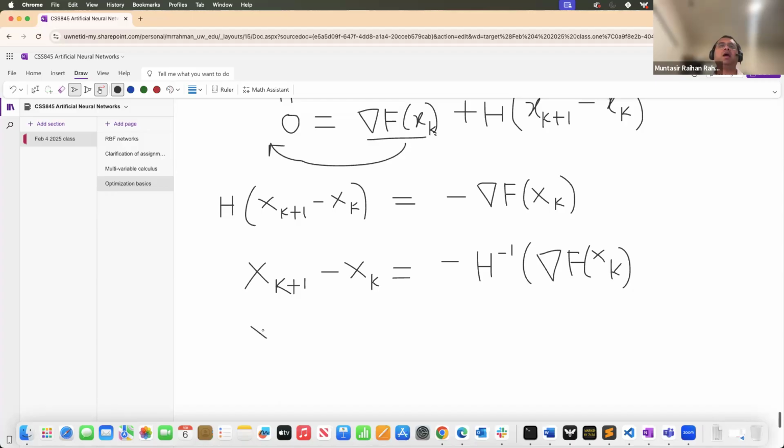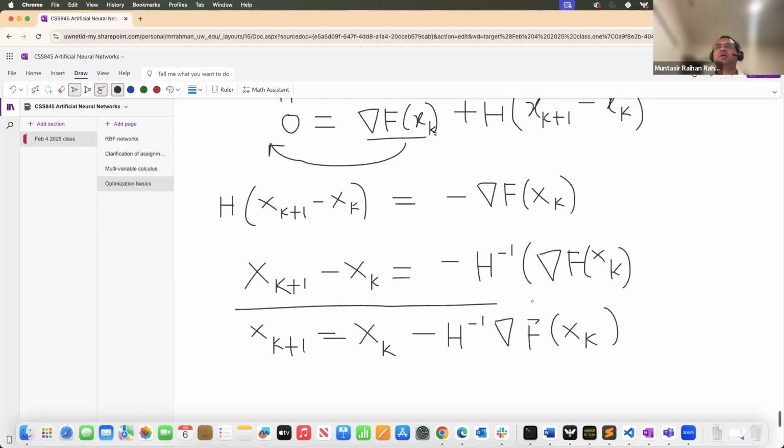And now we finally have our Newton's rule: the next value, x k plus 1, is x k minus H inverse times the gradient at x k.